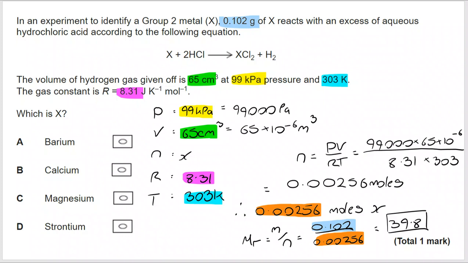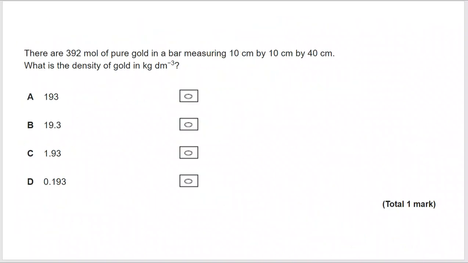We've then simply got to find which of these is the closest fit to a mass number of around 40, and that takes us to calcium. Okay, on to the next question for you to try.